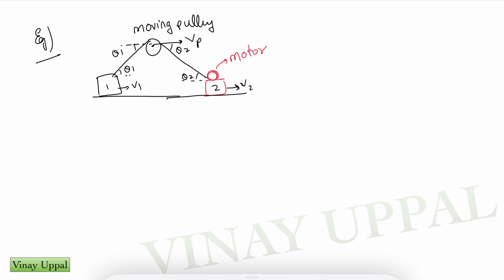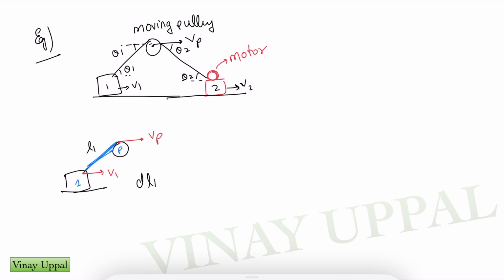So in order to solve this type of question, what we're going to do is write down the rate of change of individual segments of the string. Suppose I look at this blue segment connected to block 1 and the pulley. So the top point of the blue segment is traveling with Vp, the lower point of the blue segment is traveling with V1. So what is the rate of change of length of this blue segment?